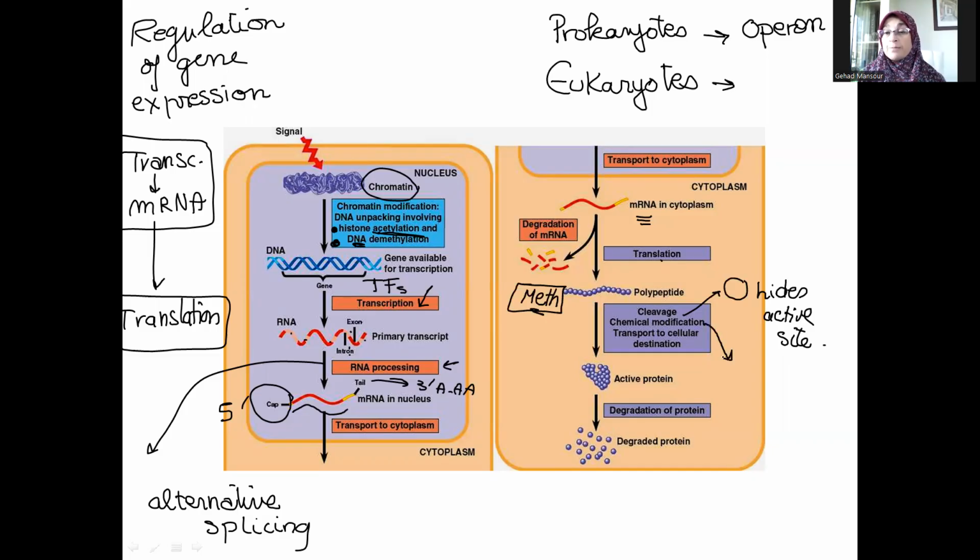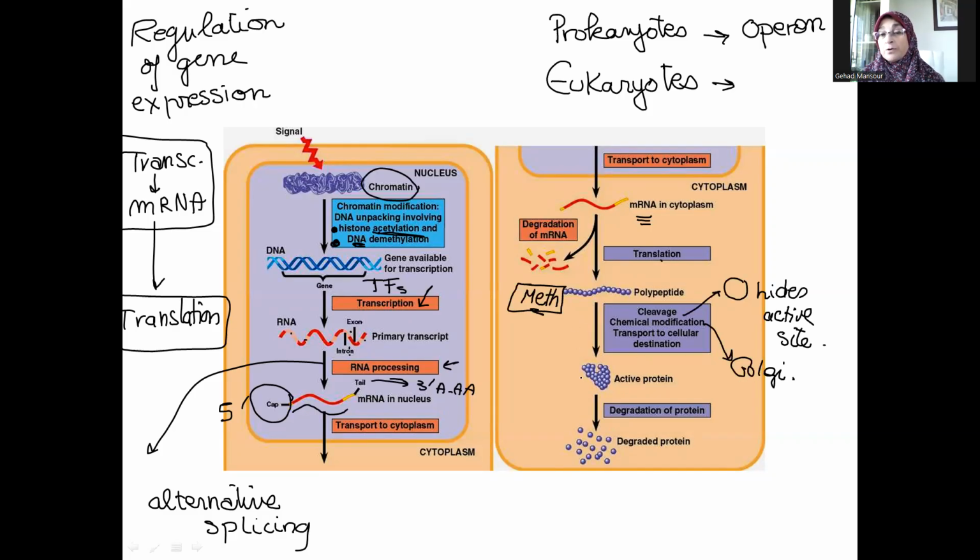There is also chemical modification by adding certain groups or removal of certain chemical groups, and this is one of the famous functions of Golgi apparatus before packing. And then we have transport to cellular destination, whether intracellular or export to the outside of the cell, which is also a function of the endoplasmic reticulum and Golgi apparatus.